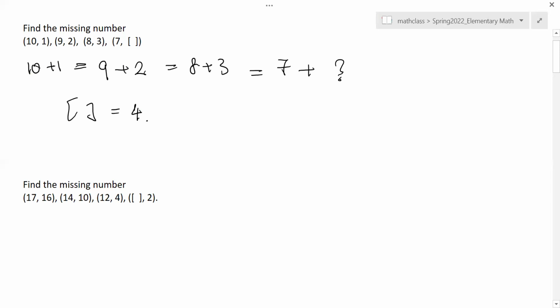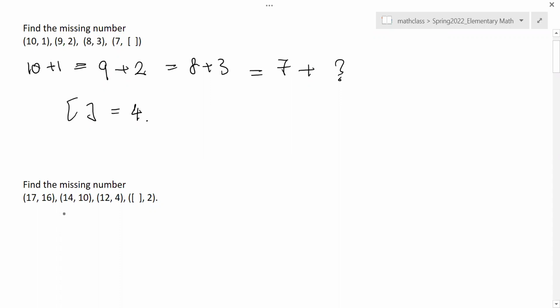If you add them together, sometimes there's a pattern where they decrease by the same number each time. But this one, I don't see it. It's possible now.